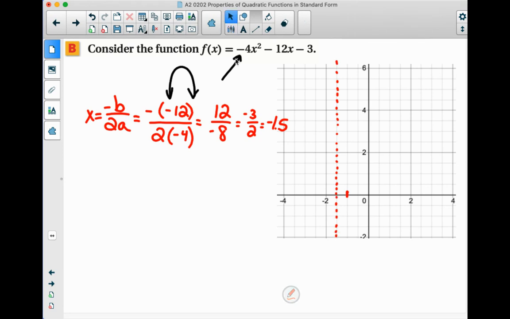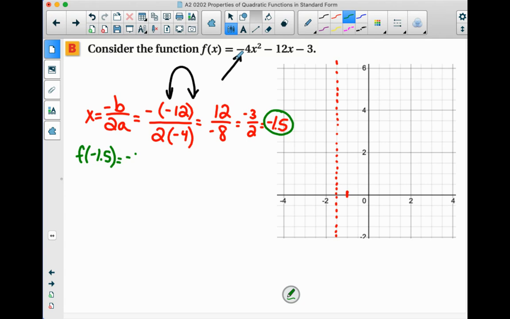Now, the first thing we're going to do after we find that axis of symmetry is substitute that value in for x. So we're going to do f of negative 1.5. Negative 4 times negative 1.5 squared minus 12 times negative 1.5 minus 3.